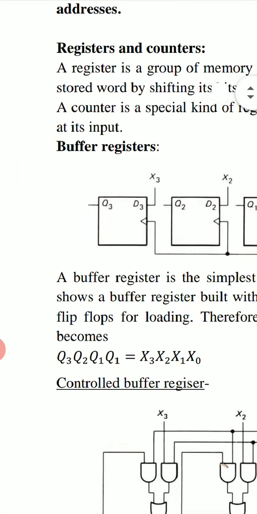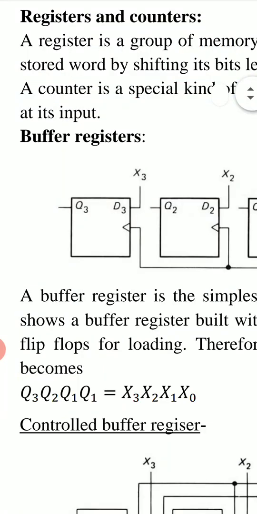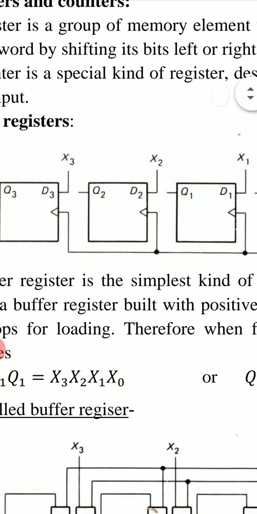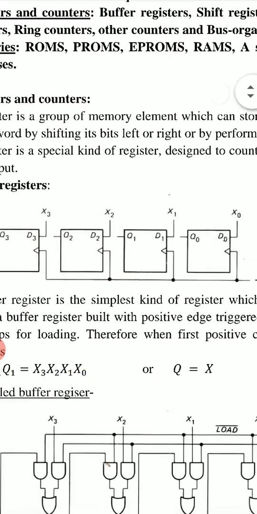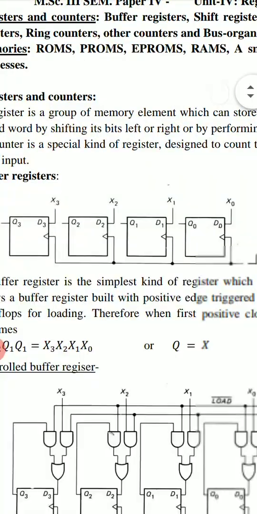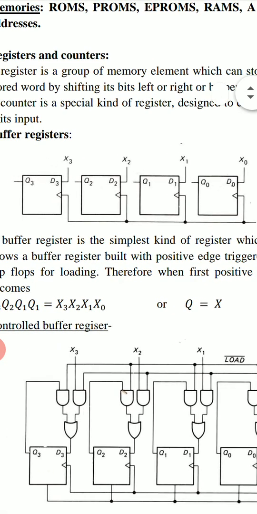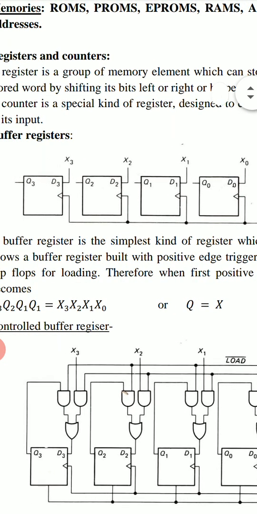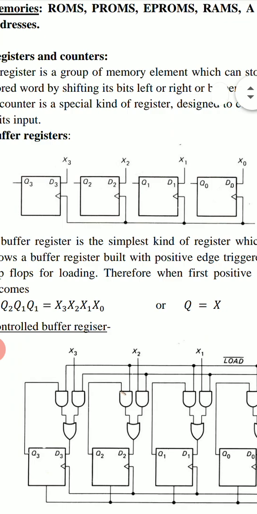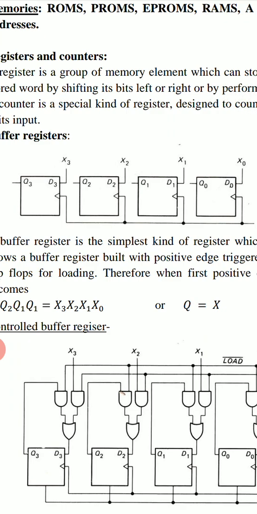So this is the simplest kind of register, that is the buffer register. It is shown in this figure. Here 4 positive edge triggered D flip-flops are used.